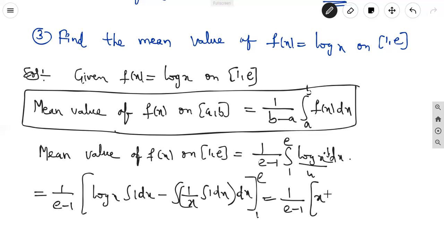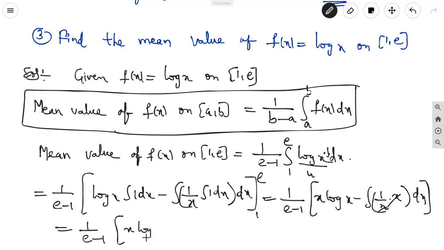Integral 1 dx is x, log x minus integral 1 by x into x whole dx. Here x cancels. It is equal to 1 by e minus 1, x log x, limits 1 to e.